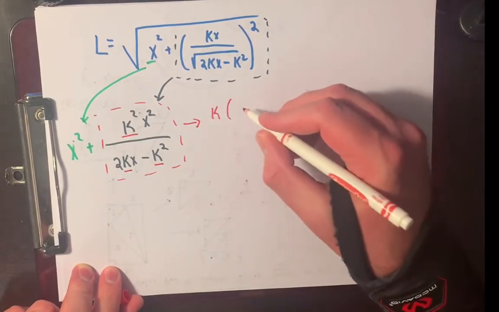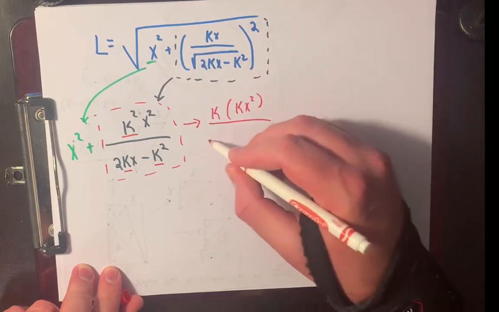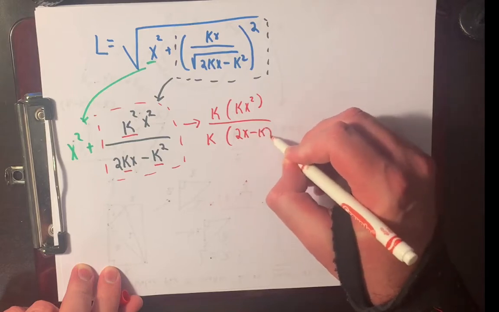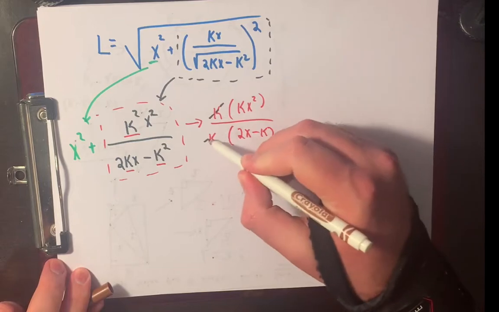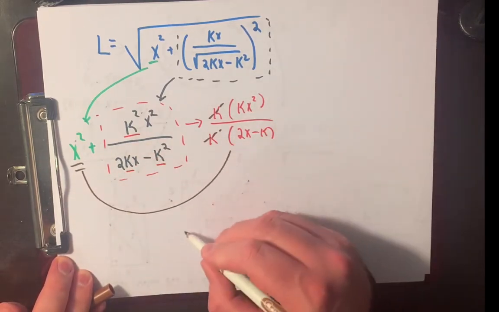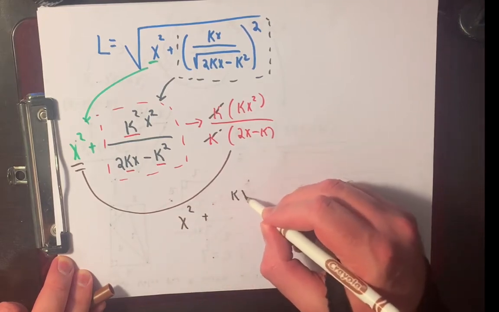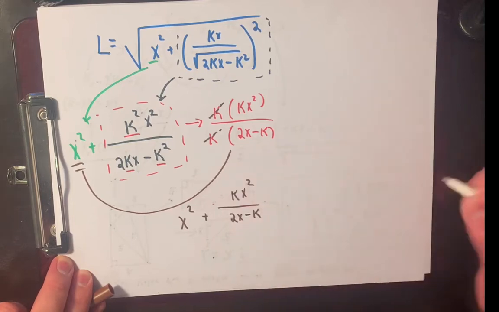So if I factor out my k, I get k x squared over k times 2x minus k. And from there, those two k's will cancel out. Still left with that, still left with this. Let's combine those two things together. That gets me x squared plus kx squared over 2x minus k.